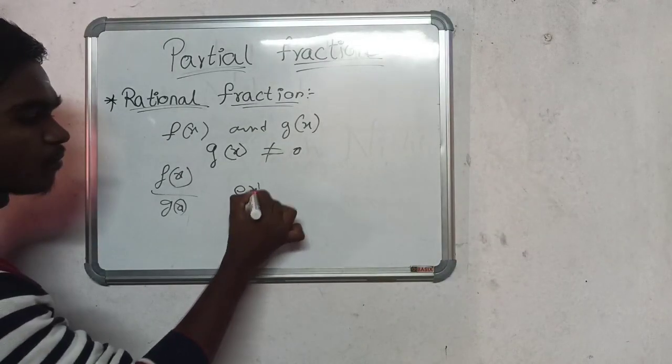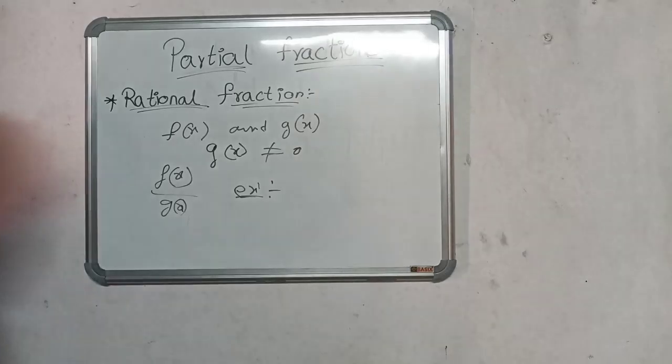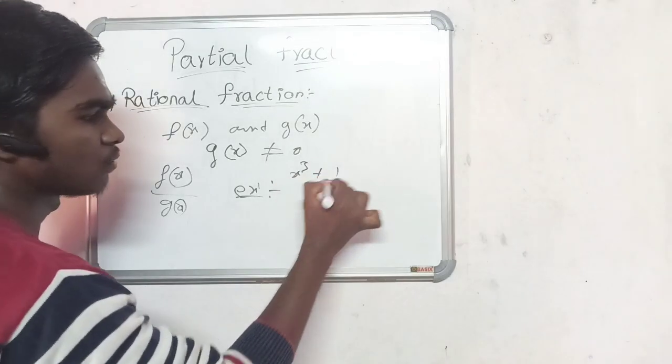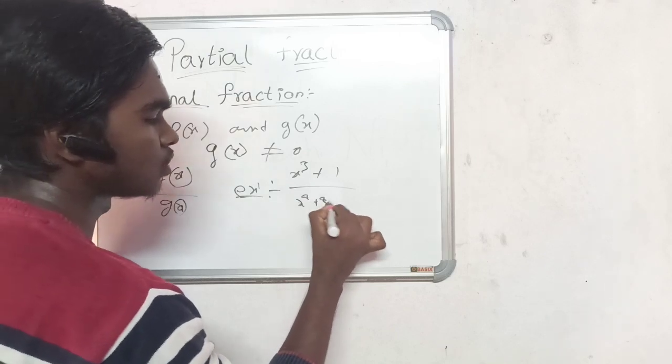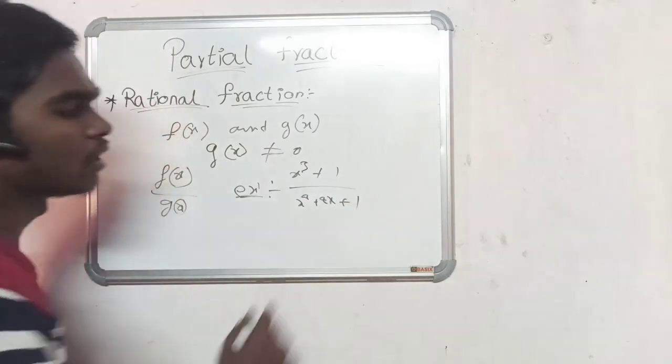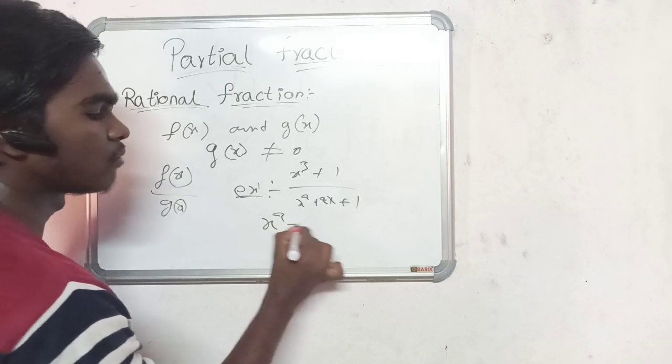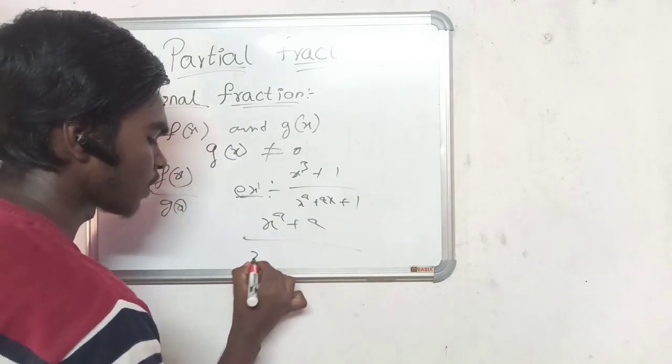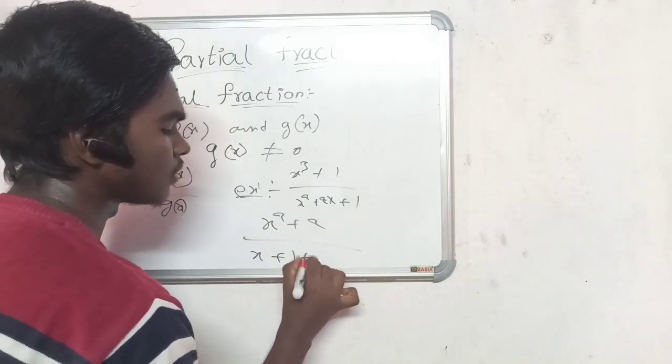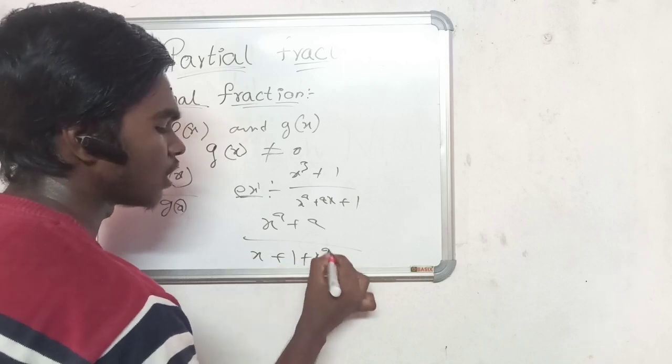Example for rational fractions: x cube plus 1 by x square plus 2x plus 1, and x square plus 2 by x plus 1 plus x square.